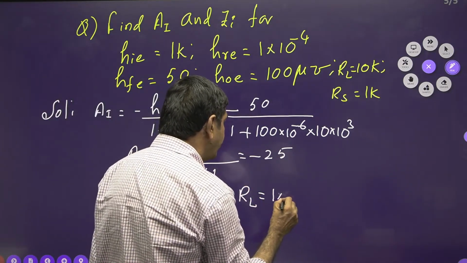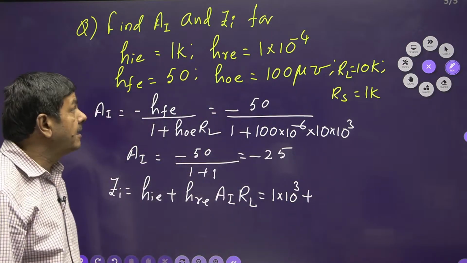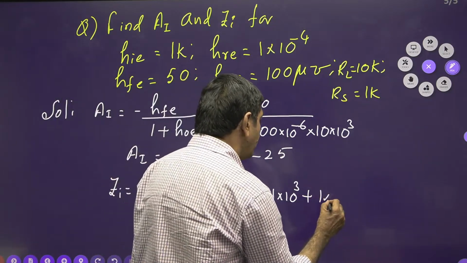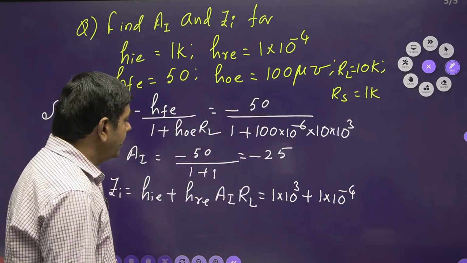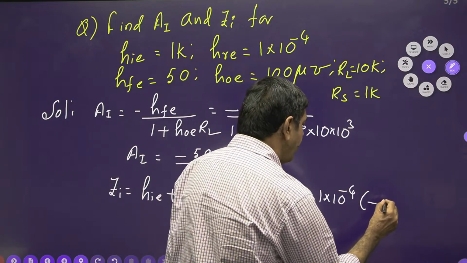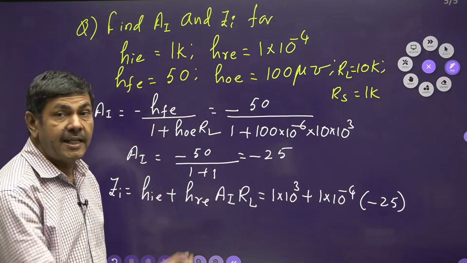I can write 1 into 10 power 3 plus HRE, which is given as 1 into 10 power minus 4. Current gain AI is minus 25. And RL is given as 10K, directly given in the problem.